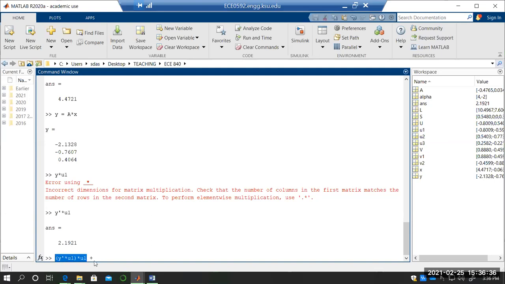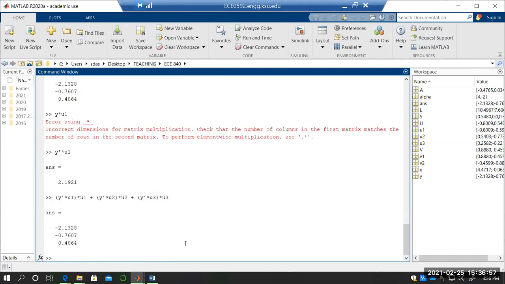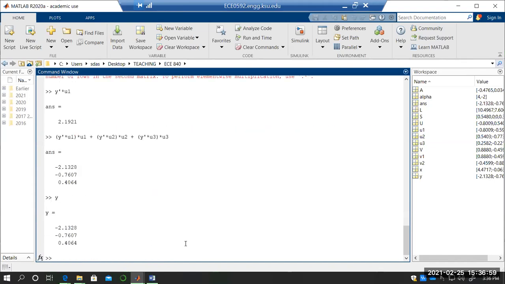So what I'm doing is I'm trying to express y as a linear combination of u1, u2, and u3. Are you guys following this? Yes. Okay, so now what should I get? And is this equal to y? Yes. Correct? Okay, now what are the singular values of A?